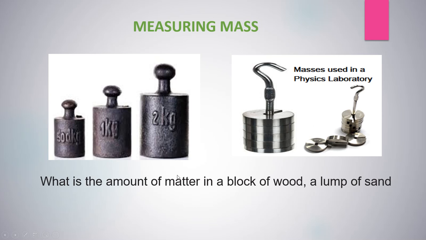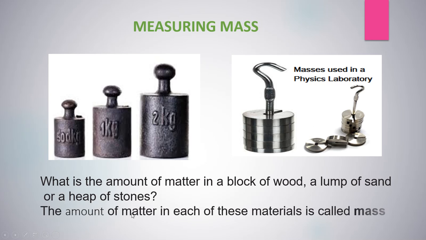What is the amount of matter in a block of wood, a lump of sand, or a heap of stones? What amount of matter is in there, in any object? So the amount of matter in each of these materials is called mass.